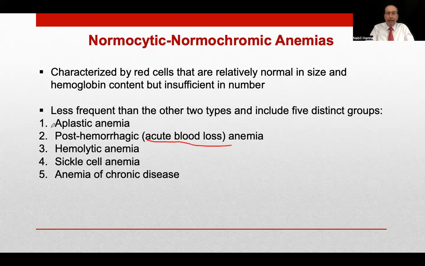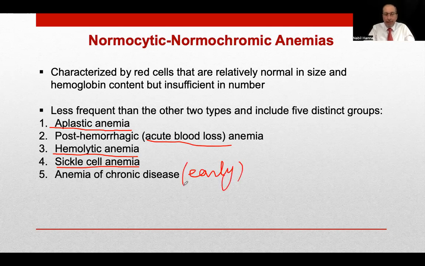Aplastic anemia, anything that stops the bone marrow from functioning, whether you destroy the bone marrow by drugs or radiation or an autoimmune process. Hemolytic anemias, the typical examples of normocytic anemia, like sickle cell anemia, and early phases of anemia of chronic disease, very early. But again, I repeat, for the sake of the test, whenever I say anemia of chronic disease, I mean microcytic.